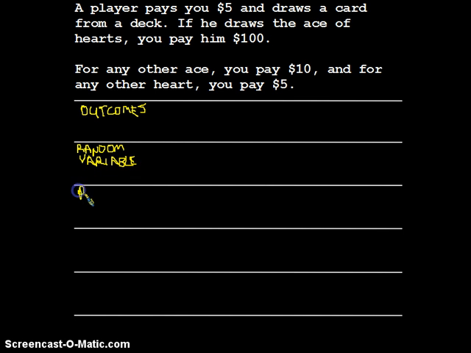And we'll also consider the probability. And then of course we'll get to expected value.